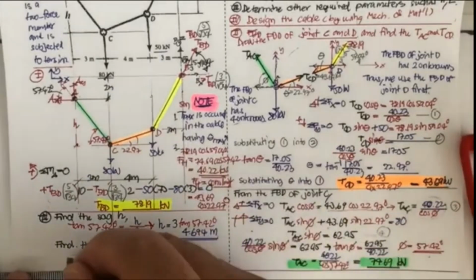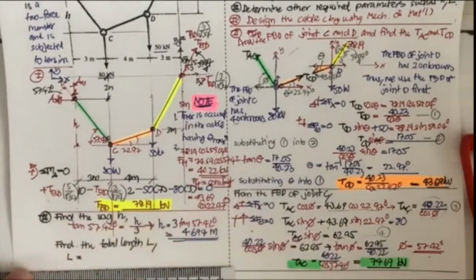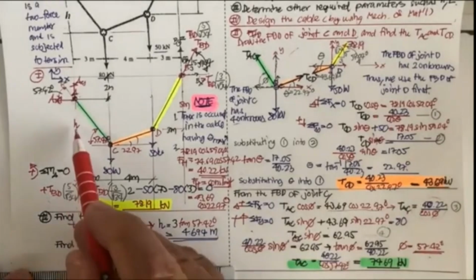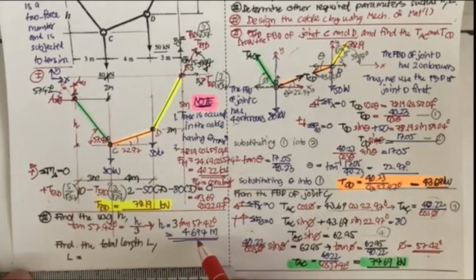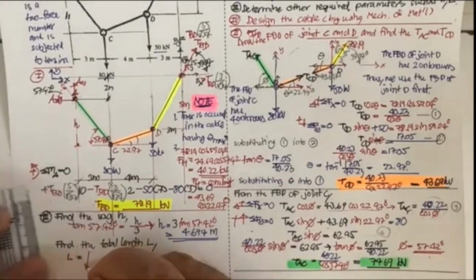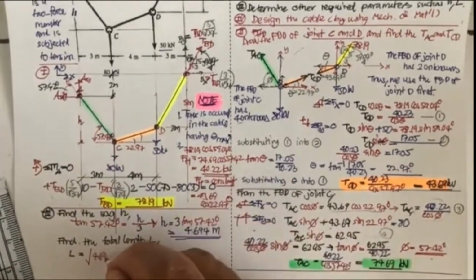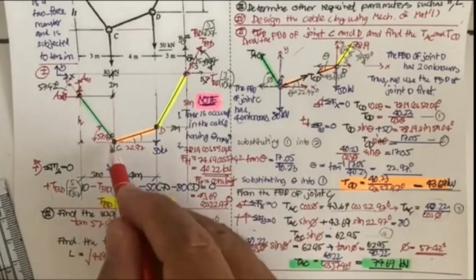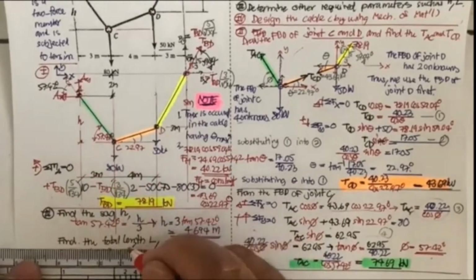So for the green, you have the H of 4.694, so it's going to be the square root of 4.694 squared plus 3 squared.